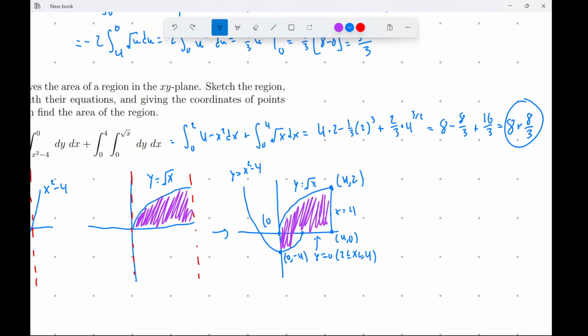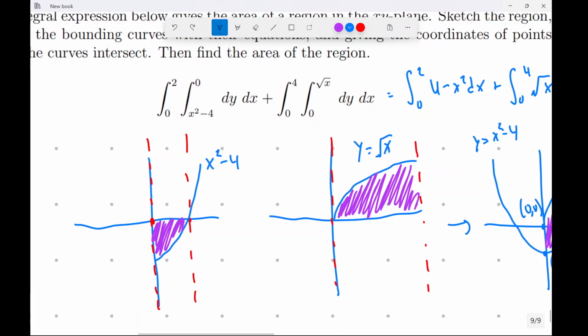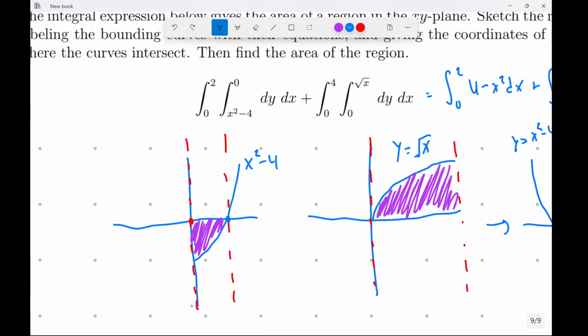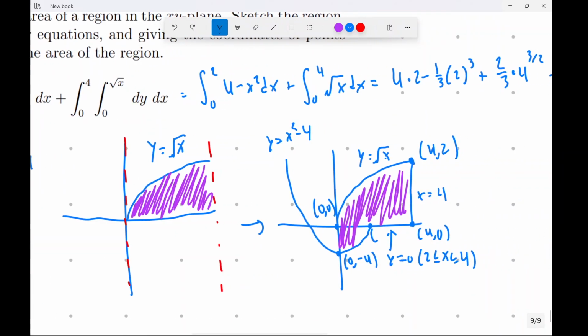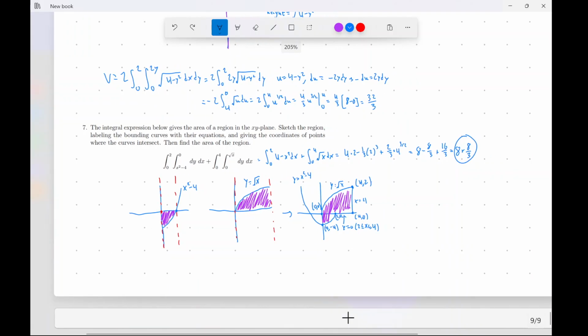Here, this one is at 0, 0, although I don't know how useful that is. And then this last vertex here is at, what, 2, 0? No, where was it over here? Yeah, 2, 0.